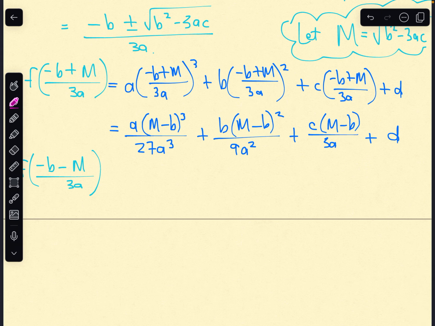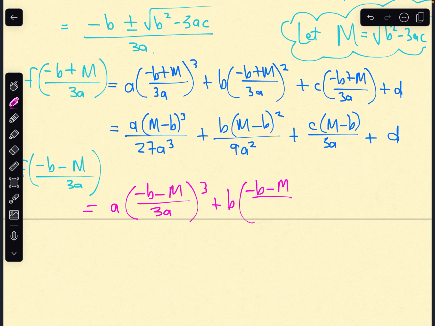Okay, and then this guy, so that's gonna be a times ((minus b minus m) over 3a) cubed plus b times ((minus b minus m) over 3a) squared plus c times ((minus b minus m) over 3a) plus d.